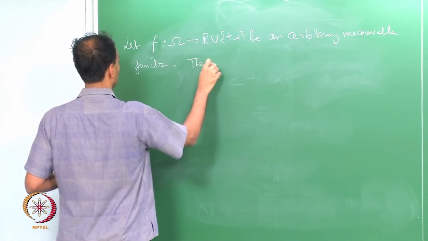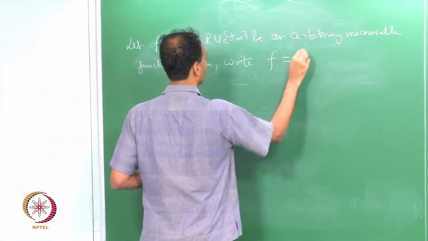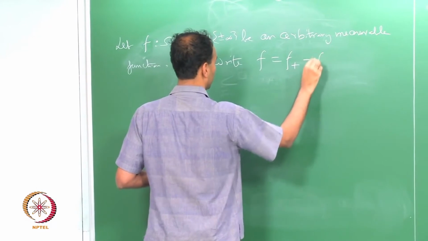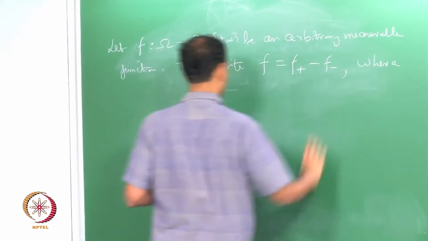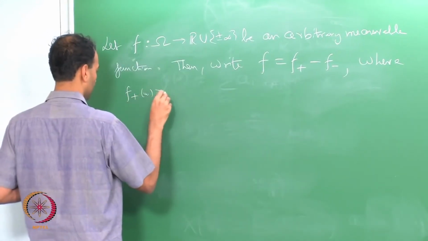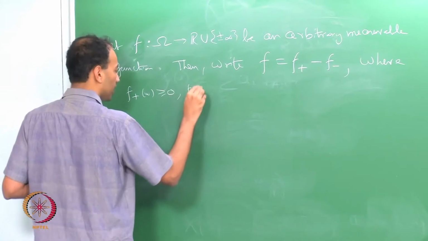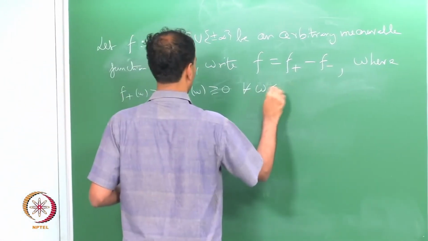Then write f is equal to f plus minus f minus, where f plus of omega is greater than or equal to 0, f minus of omega is greater than or equal to 0 for all omega in omega.